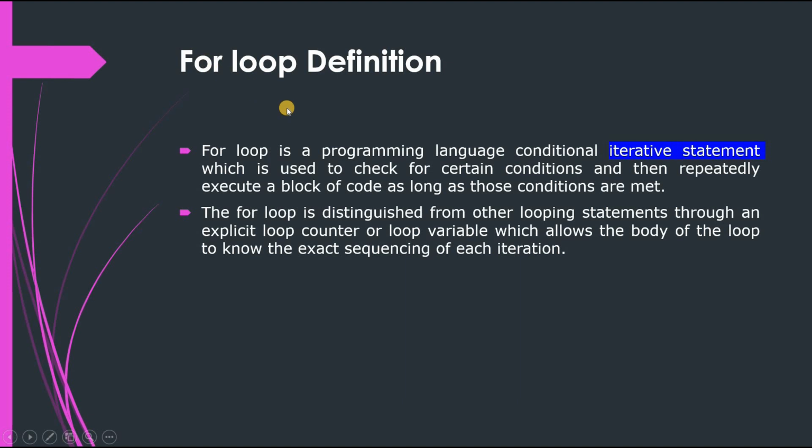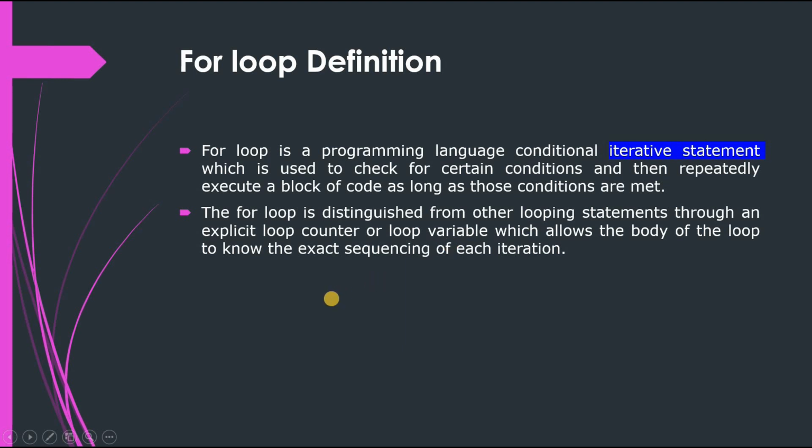Let's move to the for loop definition. Actually, the for loop is a programming construct. Like the loop concept, it is a conditional and iterative statement. As per the certain condition, the code will execute a block of code as long as the condition is met.